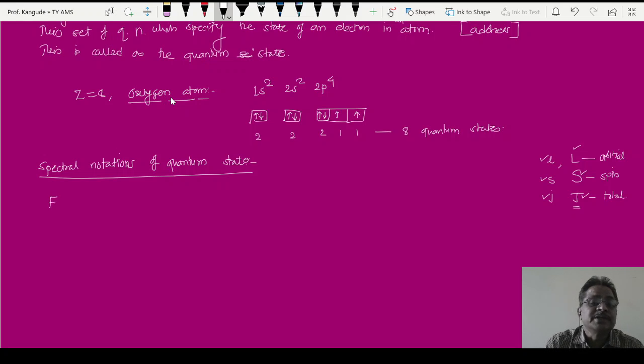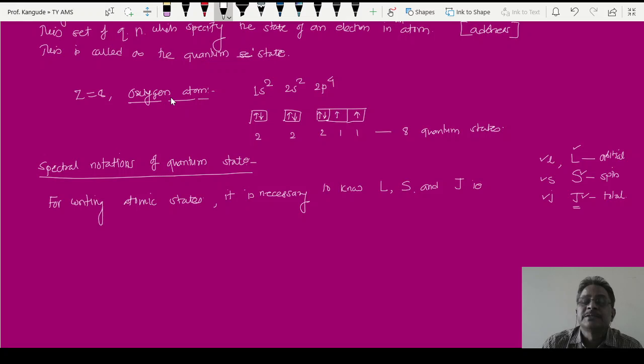Okay, so write in brief. For writing atomic states, it is necessary to know capital L, that is orbital angular momentum, then capital S, that is the spin angular momentum, and capital J, that is total angular momentum.